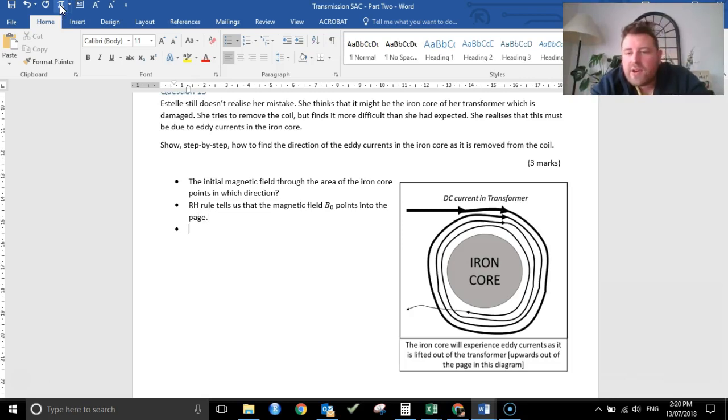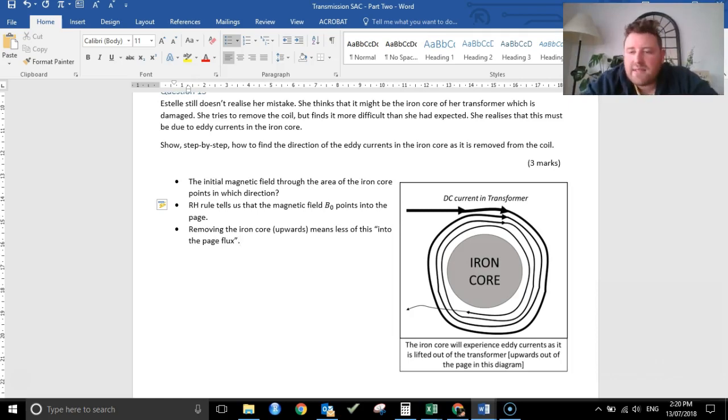Then we're going to try removing the coil. So removing the coil is going to mean we're going to have less of that magnetic field, less flux from that magnetic field B0. So removing the iron core upwards means less of this into the page flux.